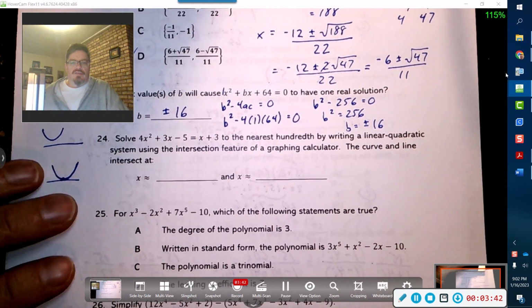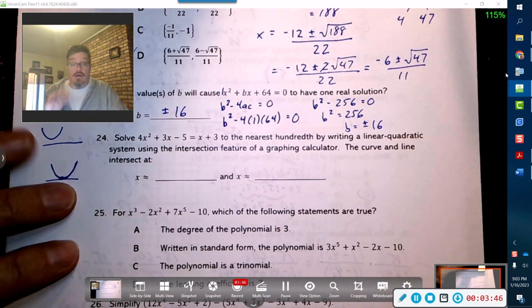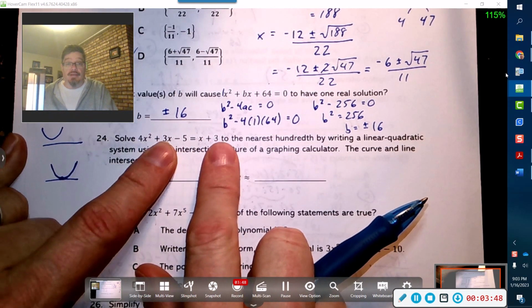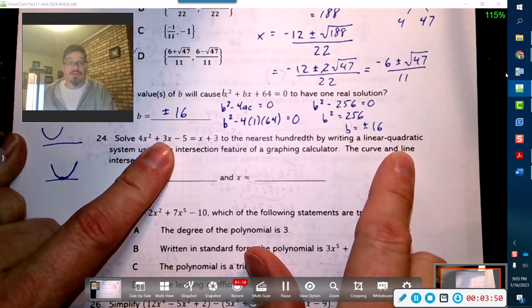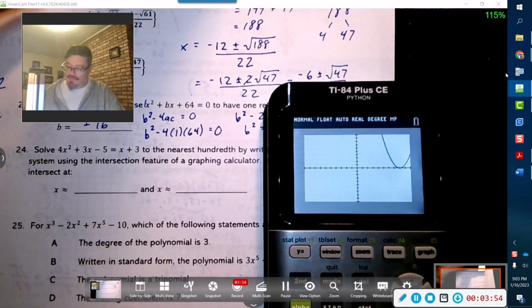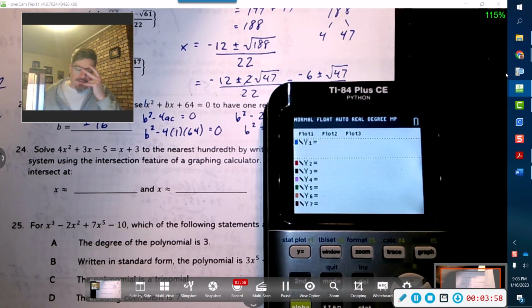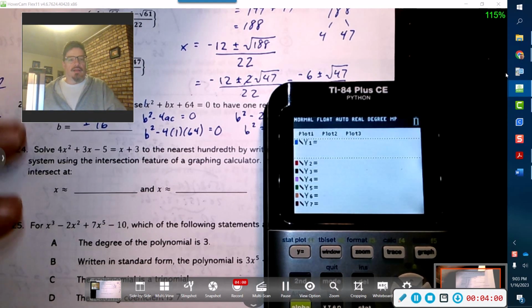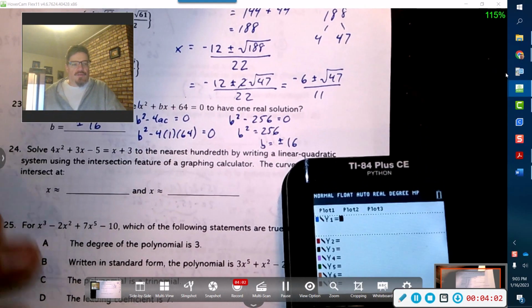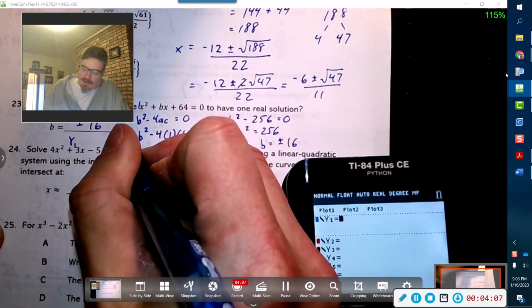Now we're going to be using the graphing calculator to verify when these guys intersect. We use the beautiful qualities of these lovely graphing calculators to figure out where these guys intersect. My first curve is y1 and my second is y2.